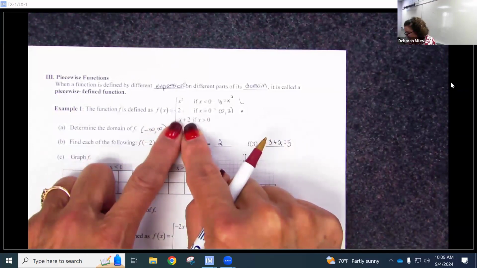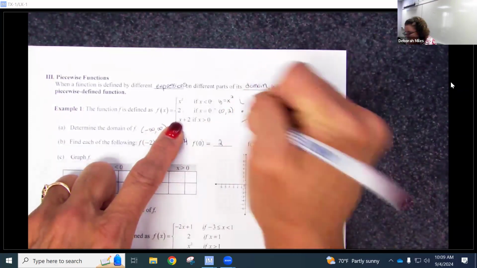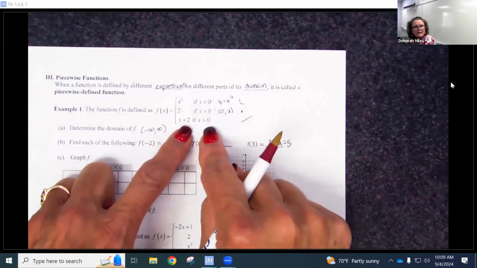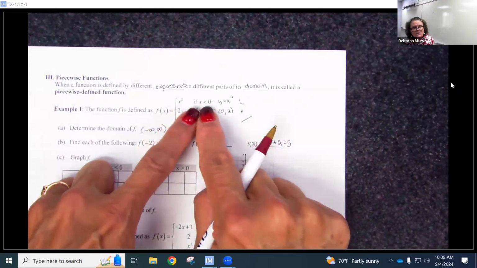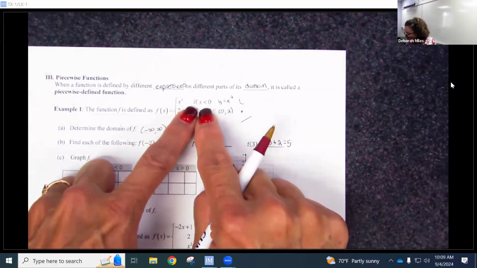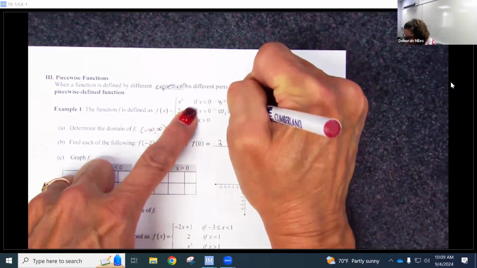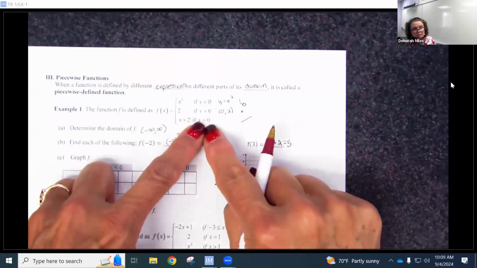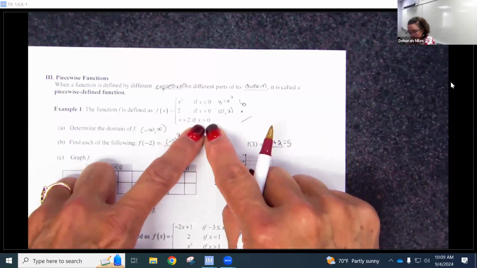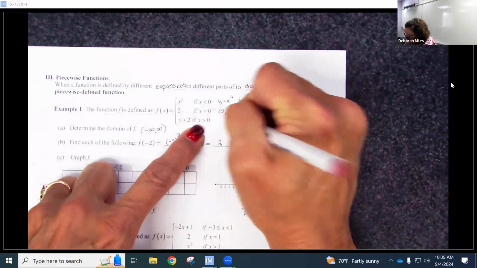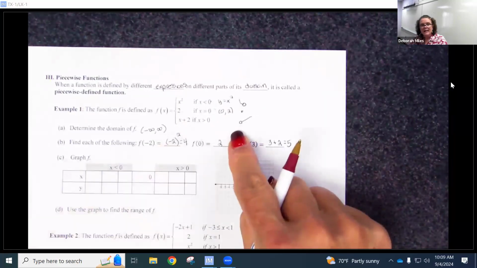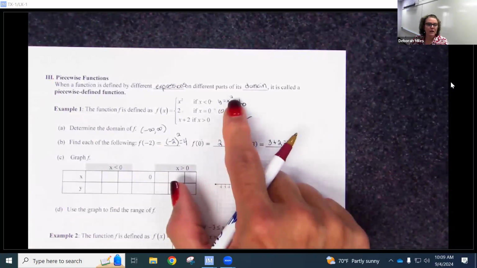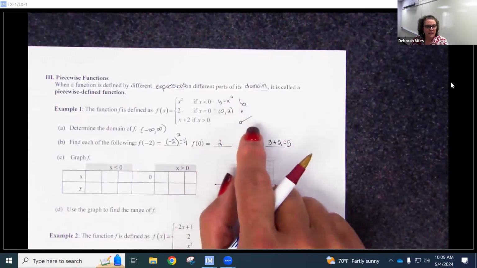That's a linear expression. So that piece of the graph is going to be a line. One other thing I can tell you just by looking at this, x is less than 0 does not include 0. On my graph, I'm going to show that with an open dot on 0. And x is greater than 0 doesn't include 0. So I'm going to have an open dot on 0 there. That's just my quick mental image of what the 3 pieces of this graph look like. A parabola, a point, and a line.